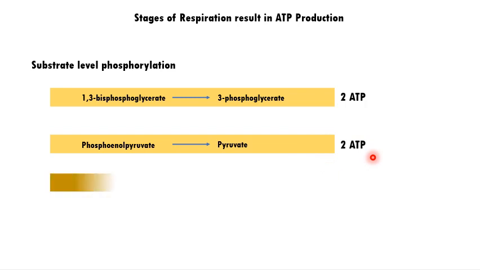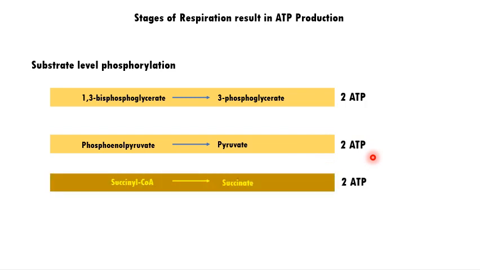And there is one more substrate level phosphorylation in the citric acid cycle, where succinyl-CoA becomes succinate by producing 2 ATPs. So together they produce 6 ATPs in the form of substrate level phosphorylation.